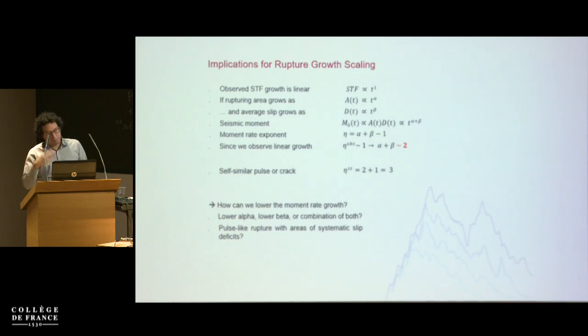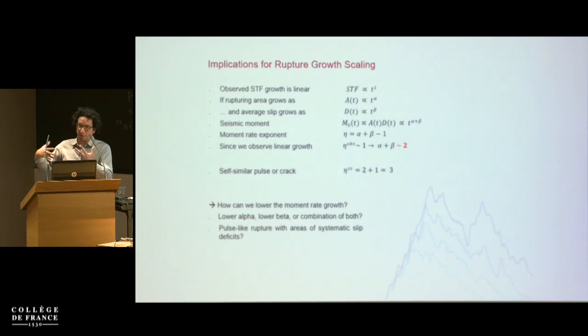We can make a more general discussion. Those circular and elongated ruptures are two end members, but moment rate is actually the product of two things. One is the growth of the rupture area, or the growth of the actively slipping region, the pulse size, if you want, and the other is the growth of the average slip velocity within the pulse.